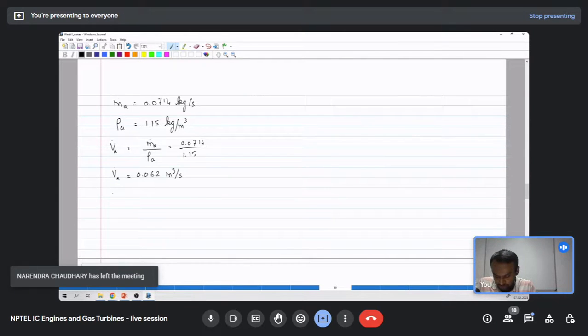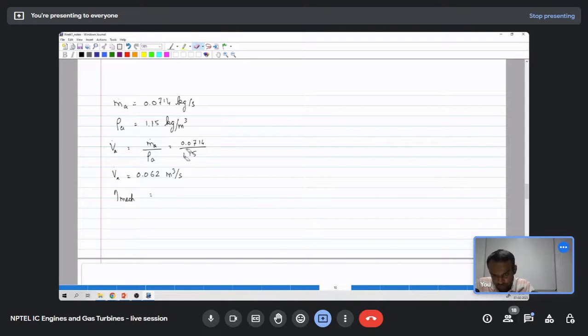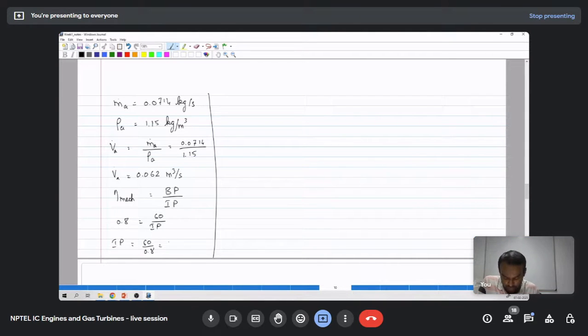Brake power is 60 kilowatt, and mechanical efficiency is 0.8. This is brake power by indicated power, so 0.8 is 60 kilowatt by indicated power. Indicated power is 60 by 0.8, which is 75 kilowatt.